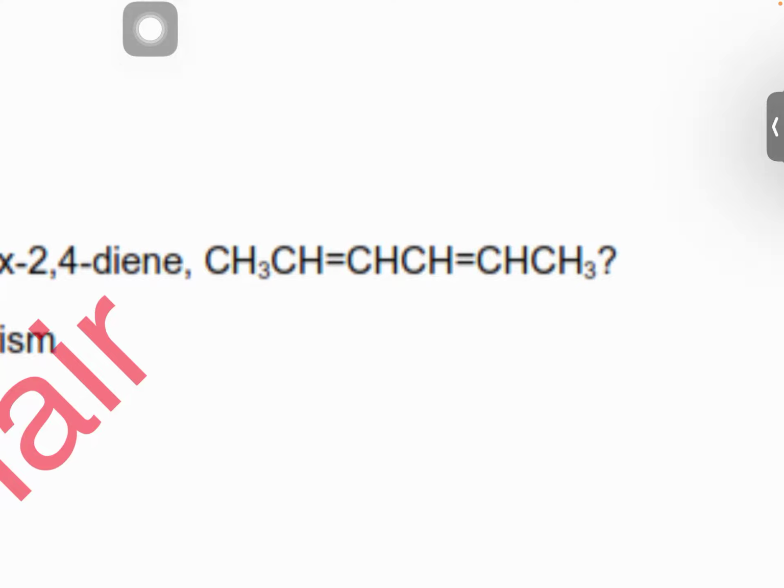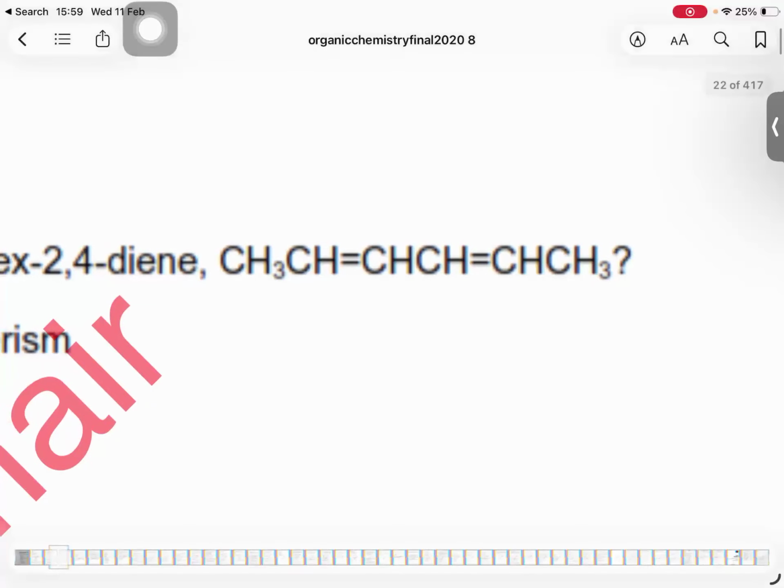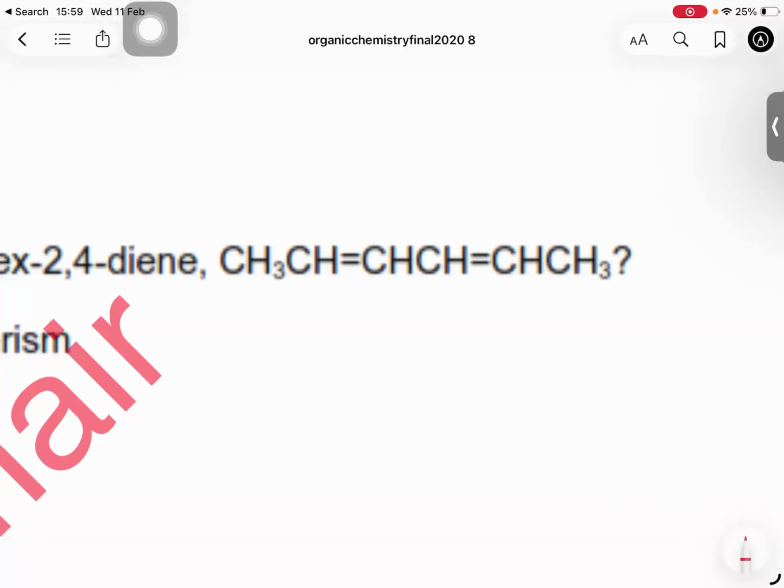Cis-trans means switching. There's a double bond for the cis-trans. The basic condition is a carbon-carbon double bond. Is there any carbon-carbon double bond? There is.